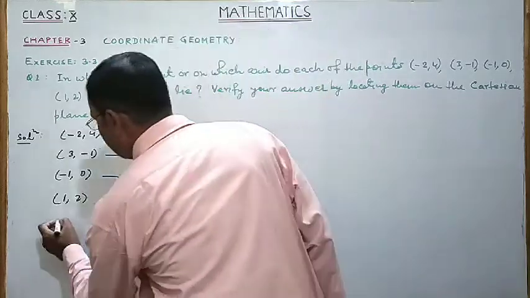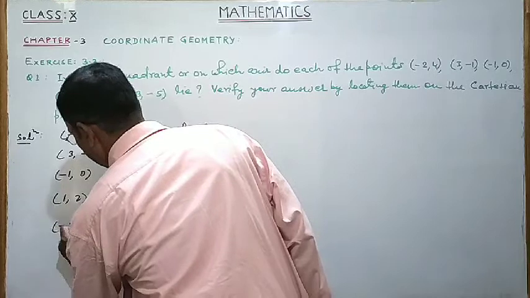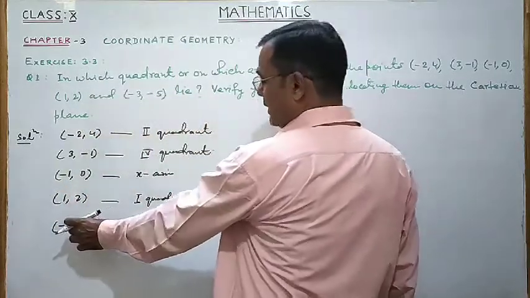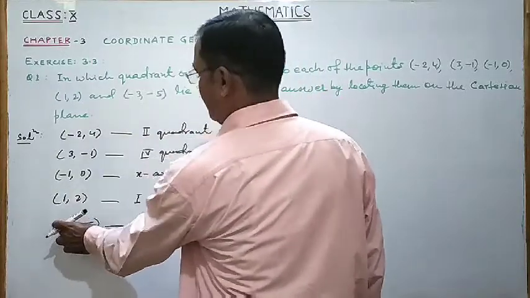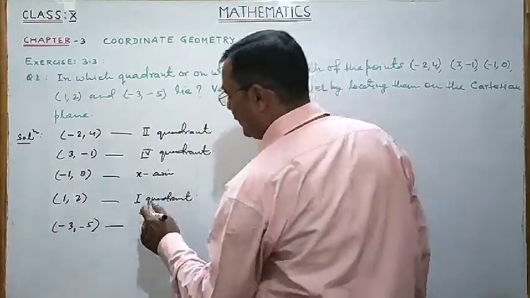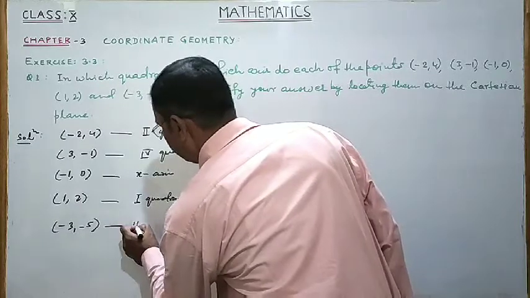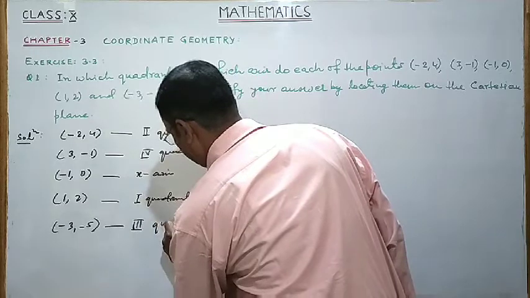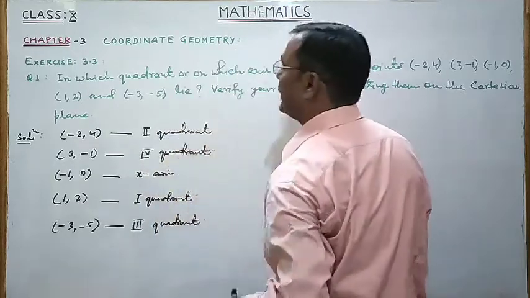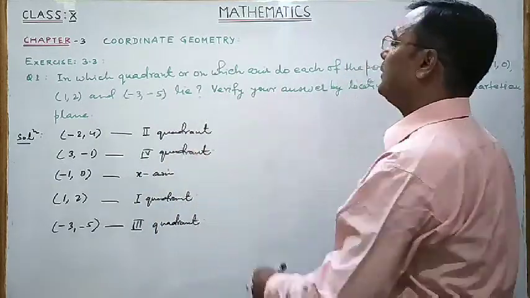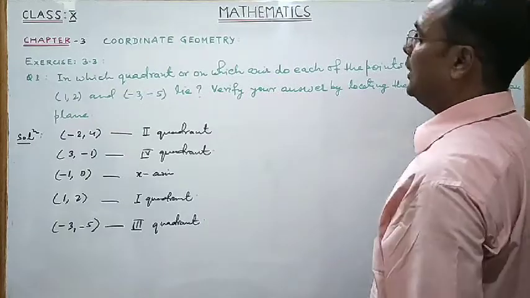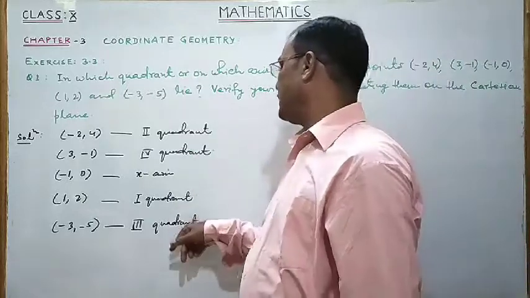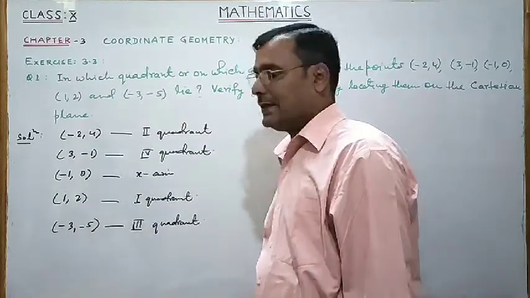Next point (-3, -5). Both the coordinates are negative, so this point lies in third quadrant. So this way, for all these given points we have decided they lie in which quadrant or on which axis.